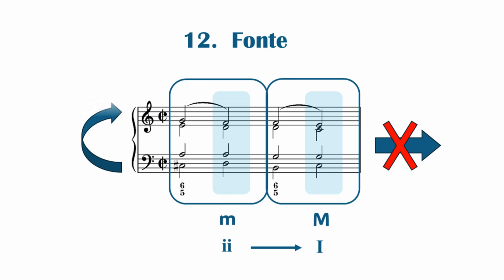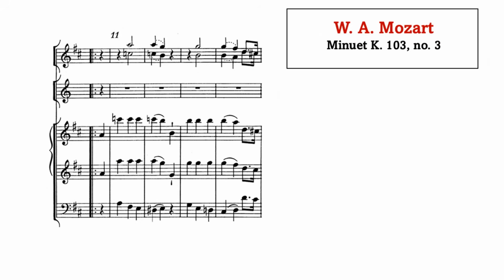However, the schema works just as well if the voices appear inverted. The two events of the fonte schema may appear separated as part of a bigger melodic structure, such is the case in this example by Mozart.